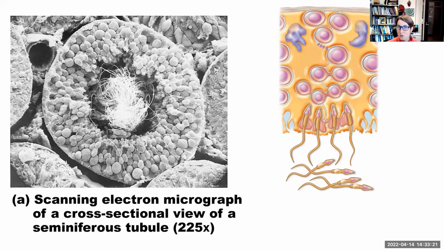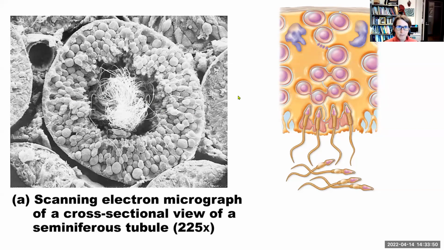Remember, they're not mature yet. They actually can't swim yet. So through acts of peristalsis, special cells called myoid cells contract those tubules and move the sperm into the epididymis where they can mature. I just want you to notice that we're going through meiosis and ending up with these 4 sperm that are genetically, nice job, unique.